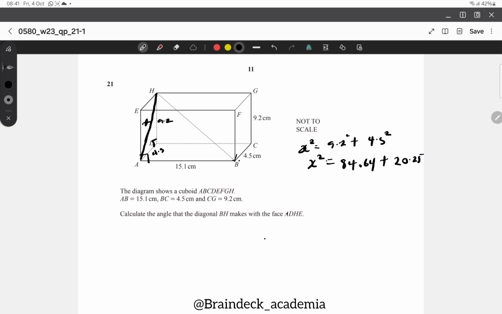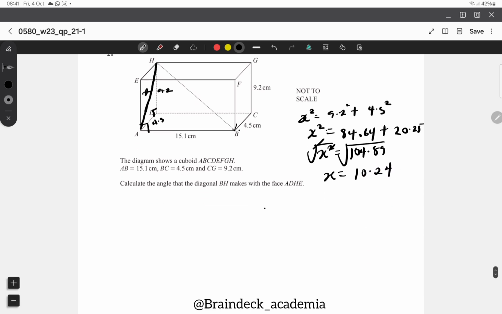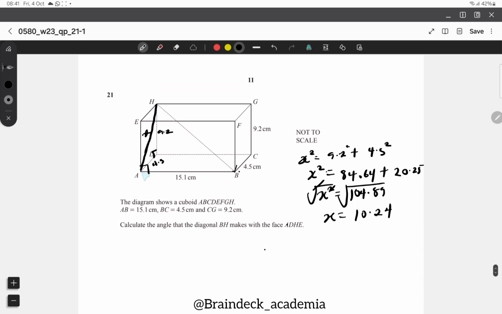If I add it together, x squared equals 104.89. So square root both sides, x equals the square root of 104.89, which is 10.24. So that side here is 10.24.